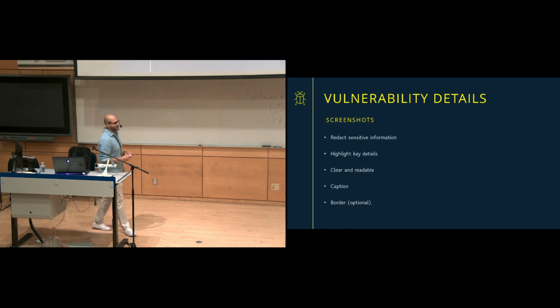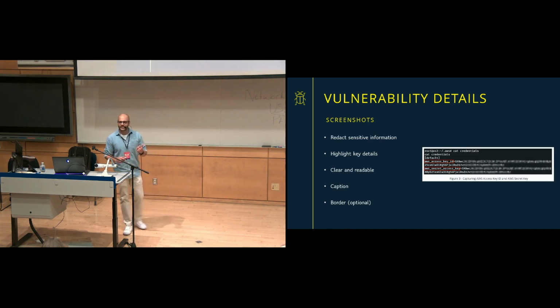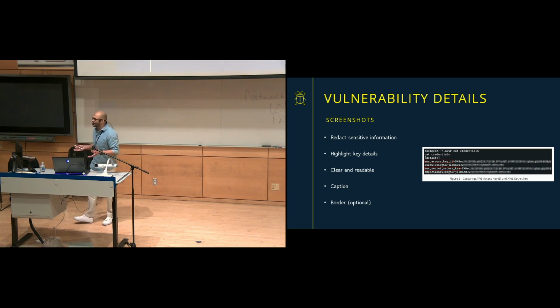Talking about screenshots, some of the best practices are: highlight the key details, and redact sensitive information. Nobody wants to see a password or an API key in the report itself, right? So redact any sensitive information, obfuscate it. There are several tools out there, like Greenshot, Flameshot, and so on, right?